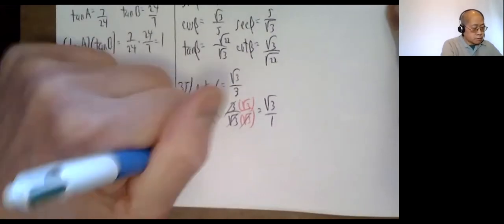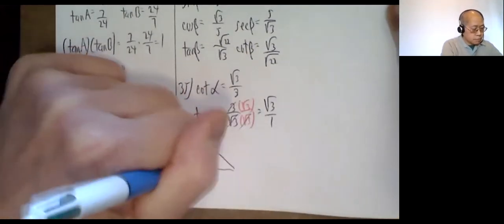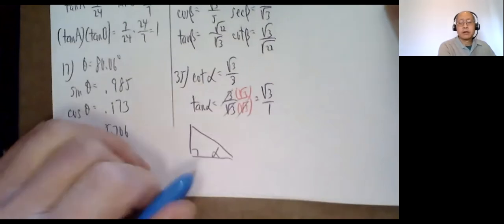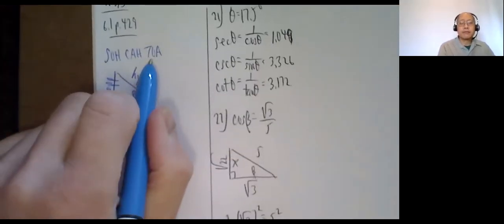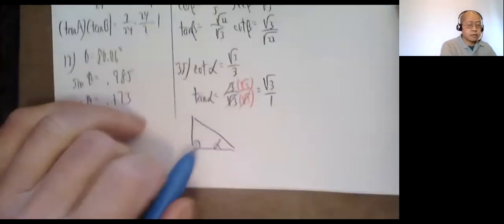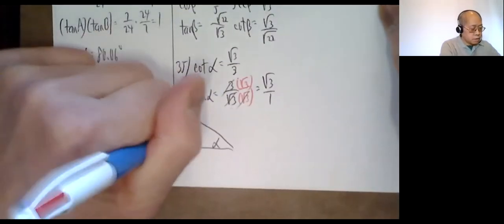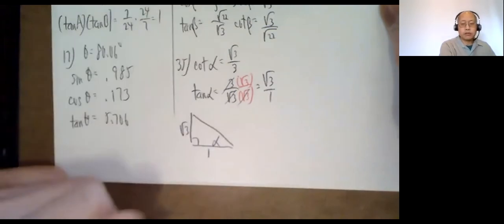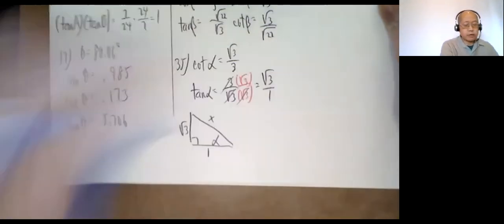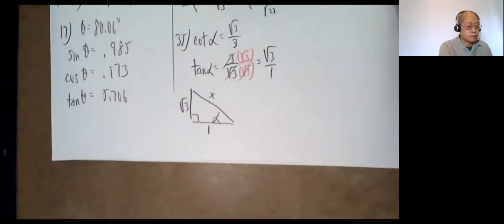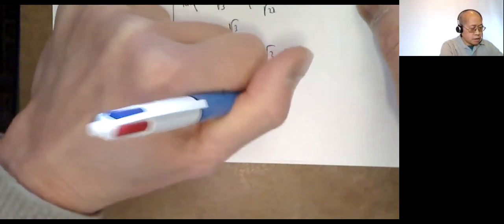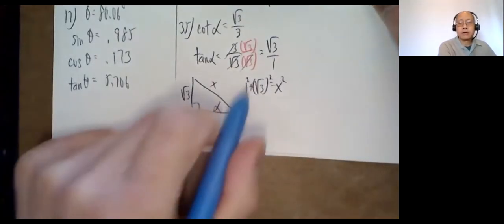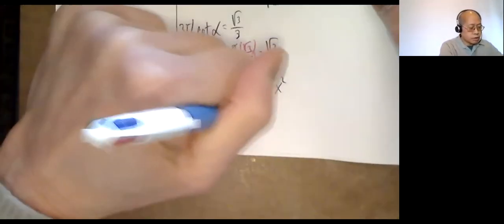All right, so same game. Here's alpha. Tangent, TOA, opposite over adjacent. So opposite is radical 3, adjacent is 1, and I have to figure out the hypotenuse, which is x. So 1 squared plus radical 3 squared is equal to x squared. 1 squared is 1.